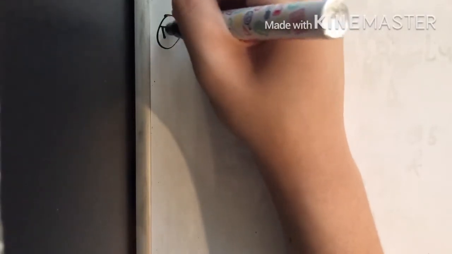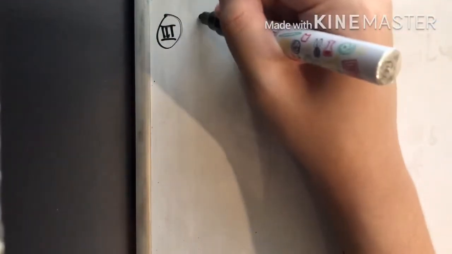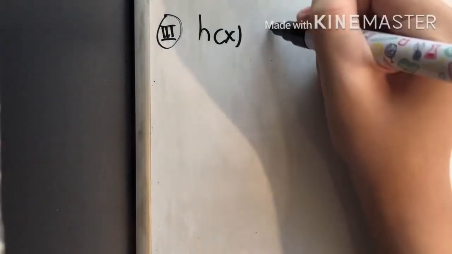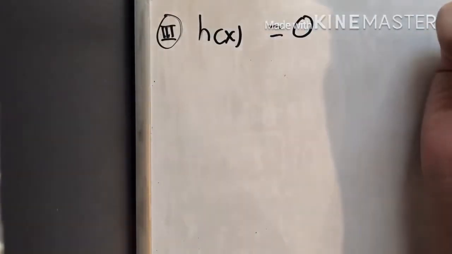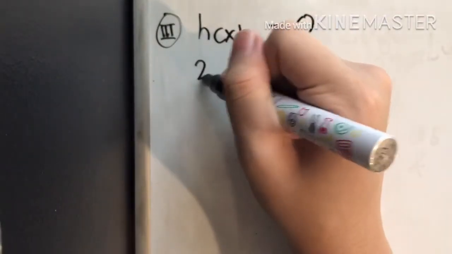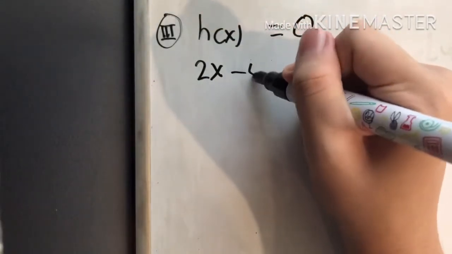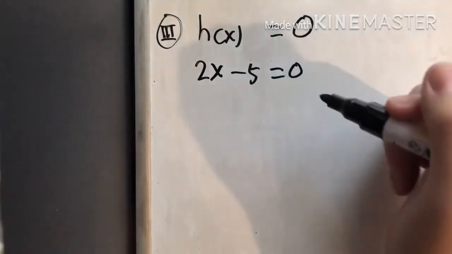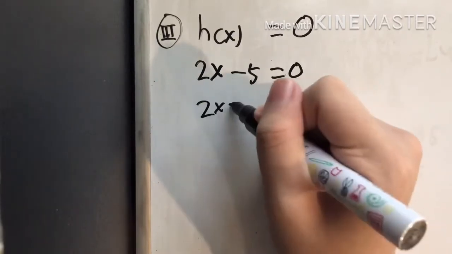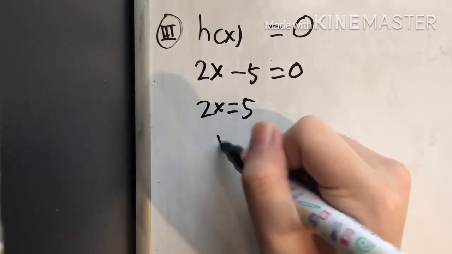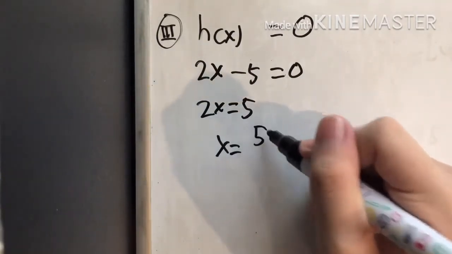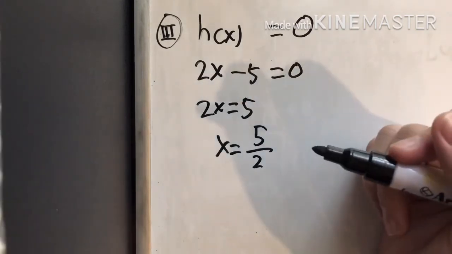And we use the third condition, which is h(x) equals to 0. So we substitute it. So 2x minus 5 equals to 0. We move the 5 to the right, so 2x equals to 5. And so x is equal to 5 over 2. So that's for the third condition.